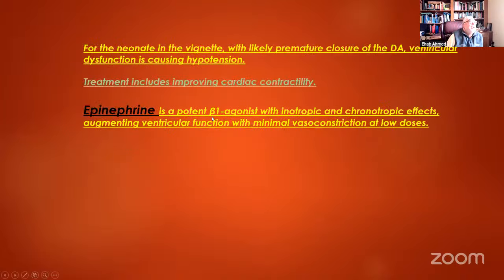Epinephrine is a potent beta-1 agonist with inotropic and chronotropic effects, augmenting ventricular function, which is the main problem with this baby, with minimal vasoconstriction. This is important, with minimal vasoconstriction.